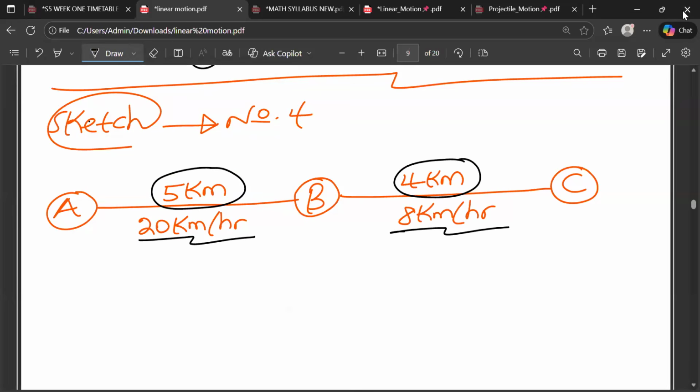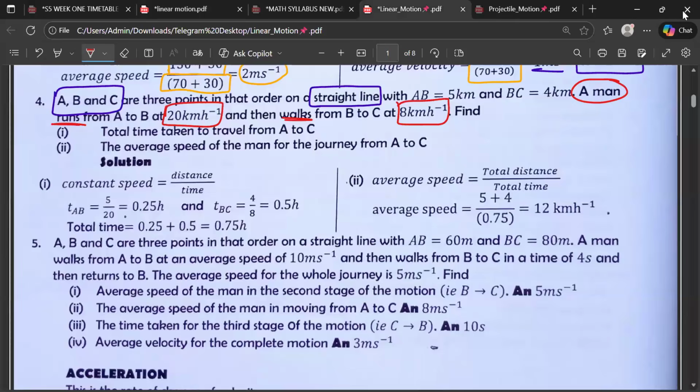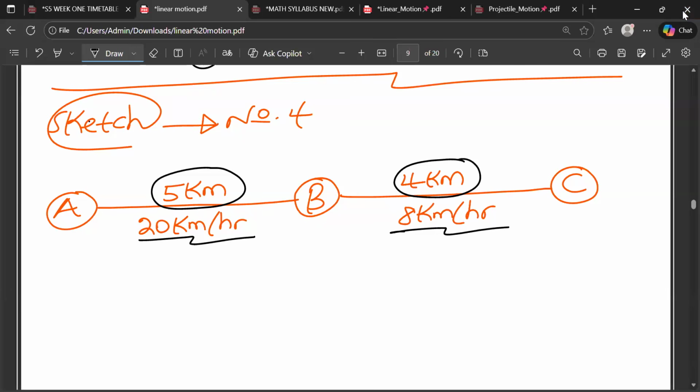So what are these people asking? First question, they want the total time taken to travel from A to C. Do you recall when I told you about total time? When you see total time, you know they want the time here and then add it to the time here. This is the importance of the things I did in the beginning.